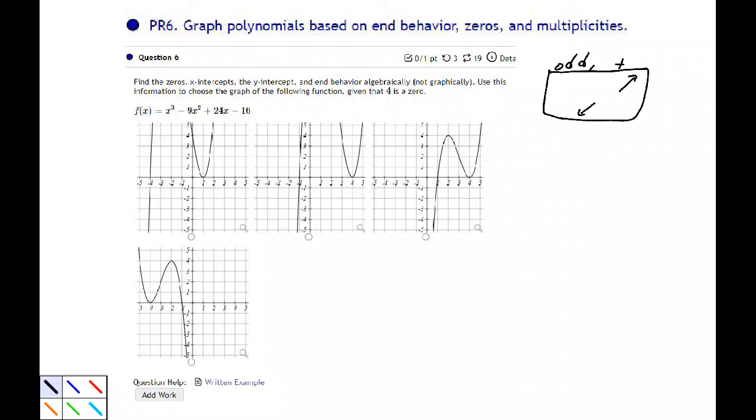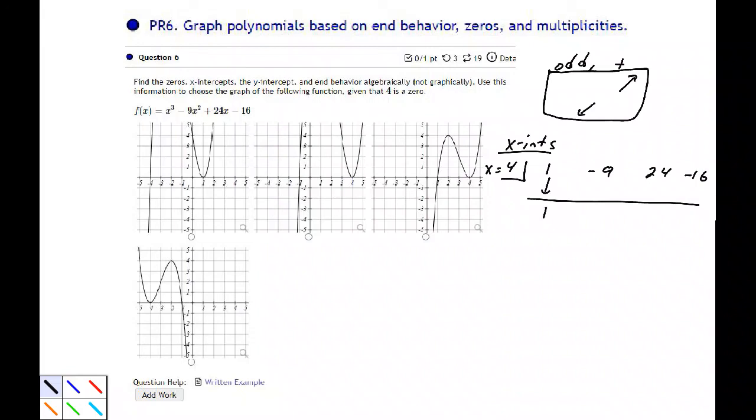Okay, so let's first note that 4 is a 0, so I can do synthetic division with 4. I'm going to take my coefficients of 1, negative 9, 24, and negative 16, and do synthetic division with x equals 4, because that is the known 0.